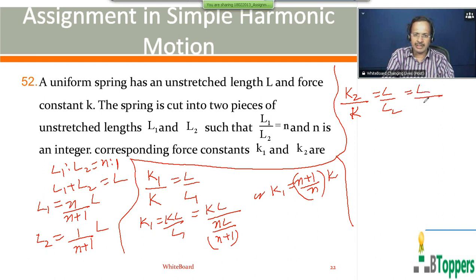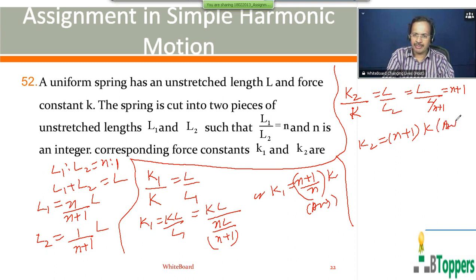L2 you can write as L by N plus 1. So you get K2 equal to N plus 1 into K. So these are the two answers.